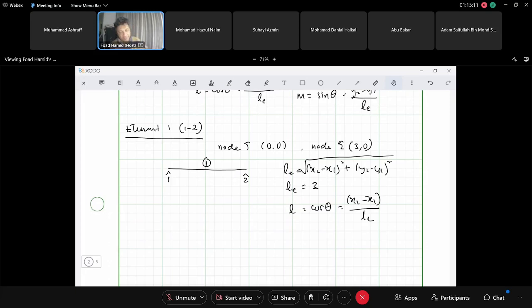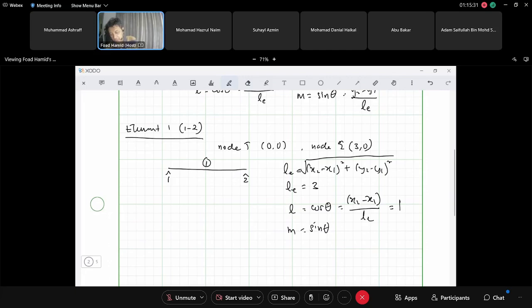So in this case, by inspection, our theta should be here, at node 1, so this is 0. Cos 0 is 1, right? And M is sine theta.